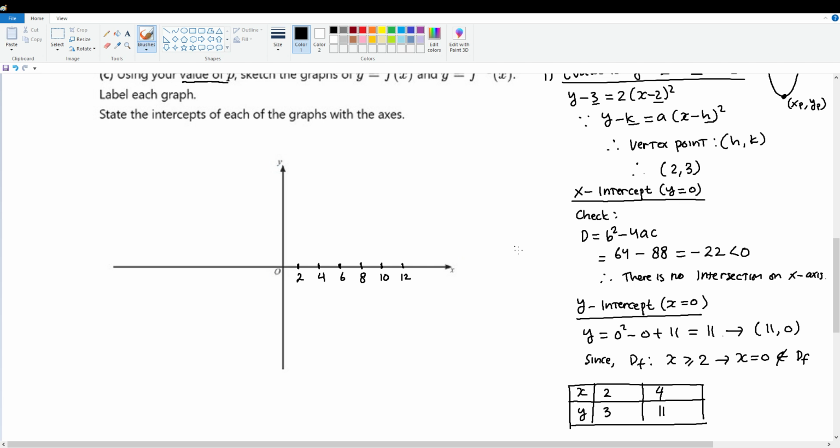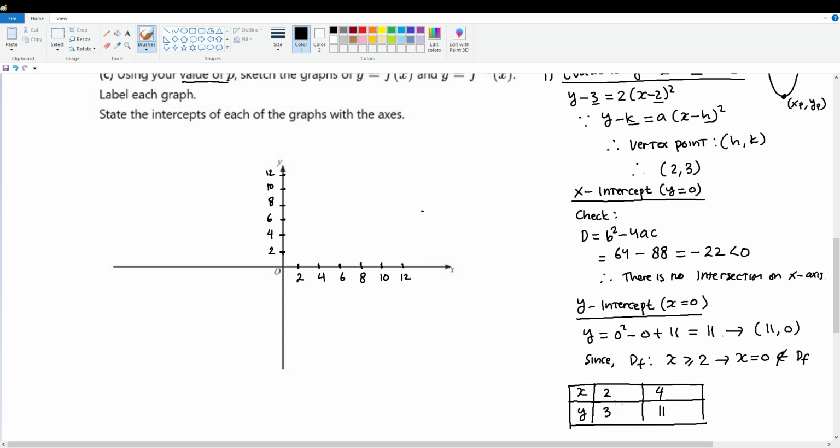After that, here we have, okay, we can draw here 2, 4, 6, 8, 10, 12, and so on. Make sure that the distances between these numbers are equal, okay, and proper.